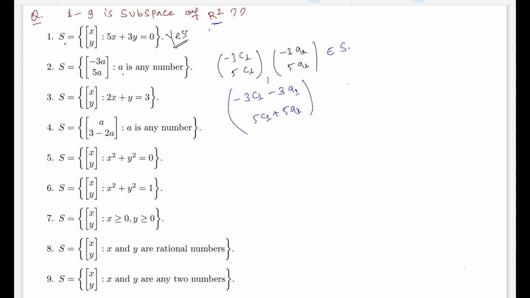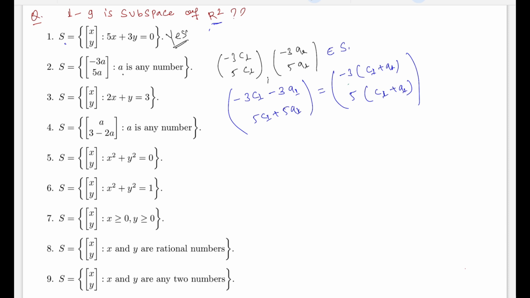Now I need to check if this vector belongs to this set or not. So we can write it like this also: -3 times (c1 plus a1) and 5 times (c1 plus a1).